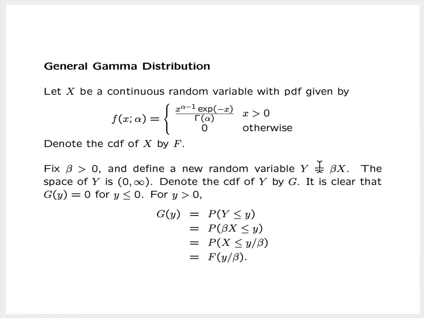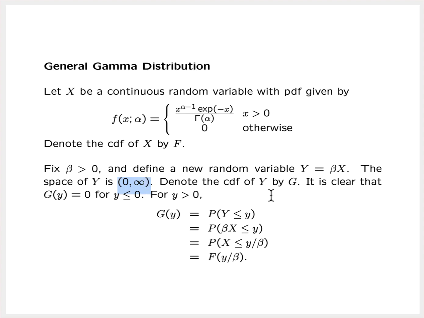When we multiply x by a positive fixed constant beta, that gives us y. The set of possible values that y can take on are also the positive real numbers. So the sample space of y is the same as the sample space of x, the set of all positive real numbers.